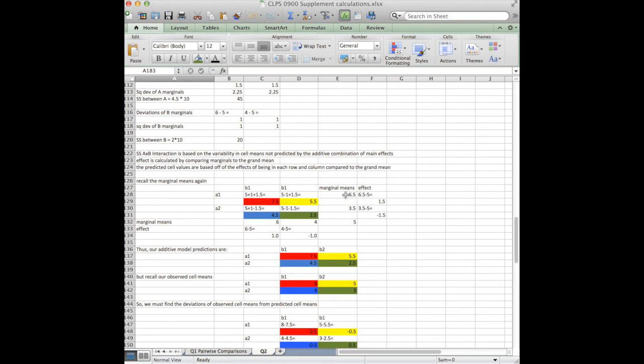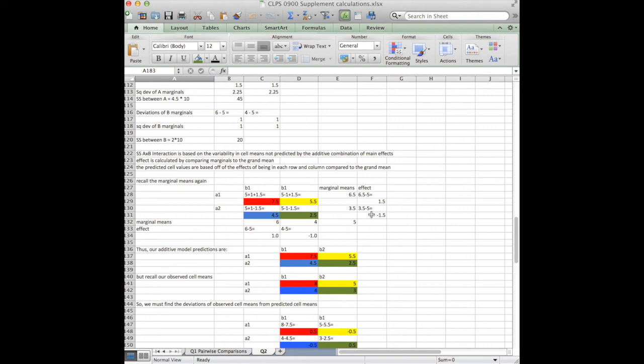And we do the same thing over here for the row marginals. So 6.5 minus 5 gives you positive 1.5, and 3.5 minus 5 gives you negative 1.5.